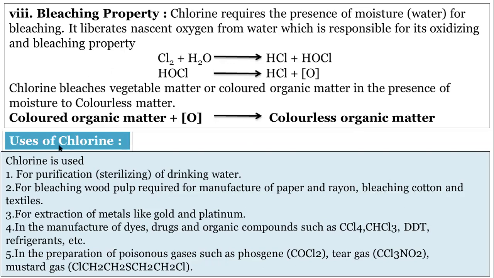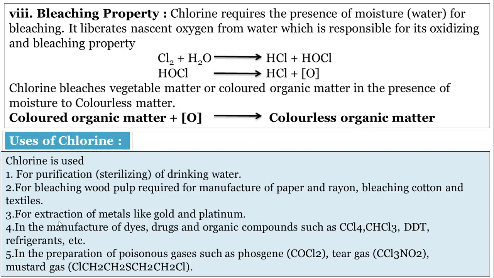Then I am coming to the uses of chlorine. This chlorine gas is used for the purification of drinking water. Second, it is also used for the bleaching of wood pulp. This wood pulp is required for the manufacturing of paper, rayon, bleaching cotton, and textiles also.